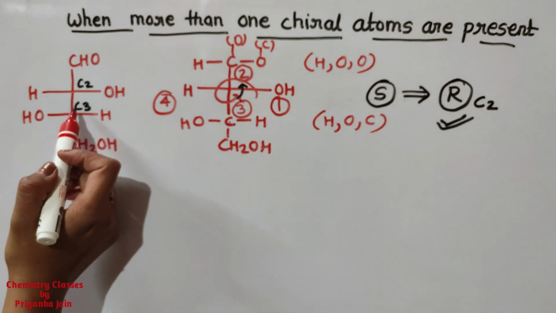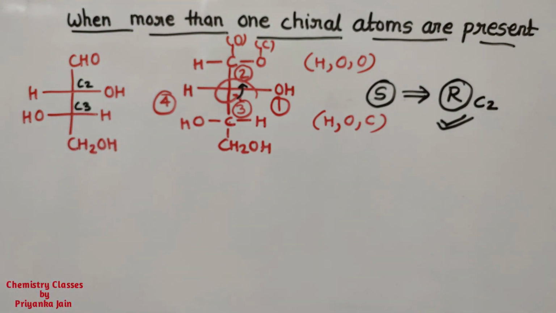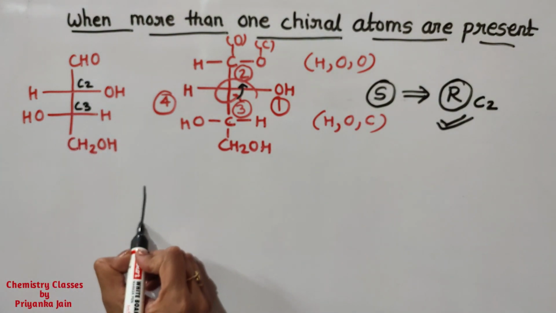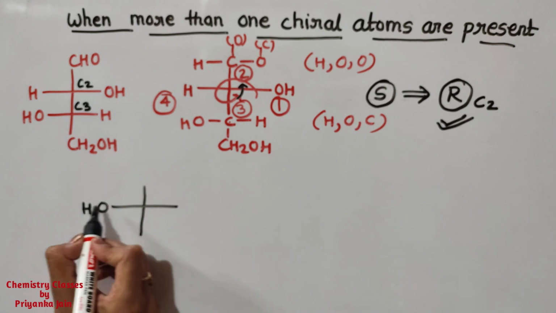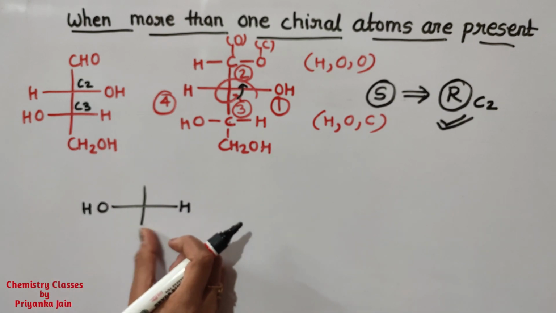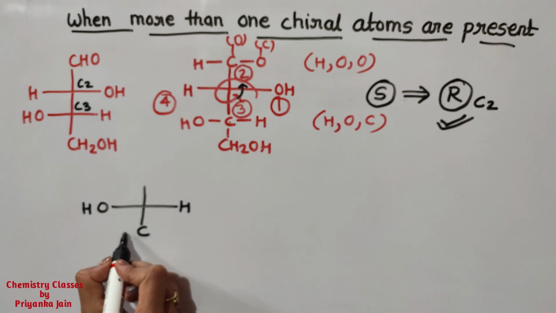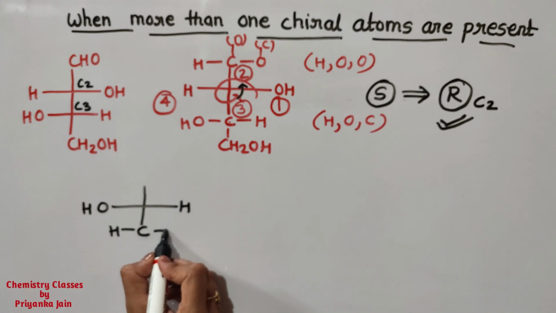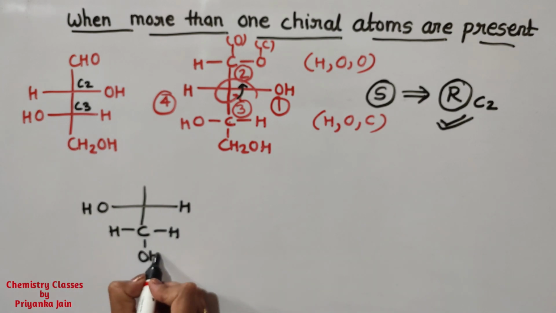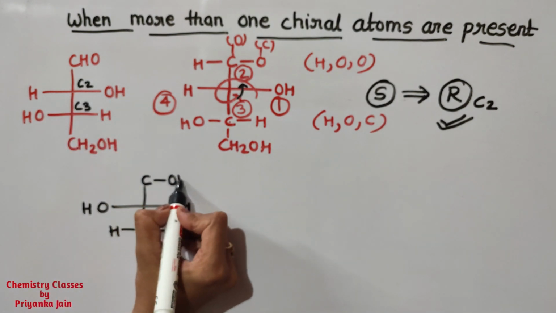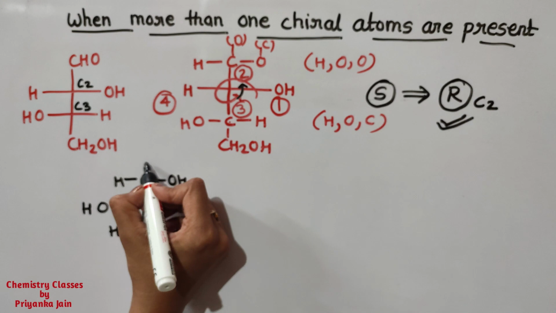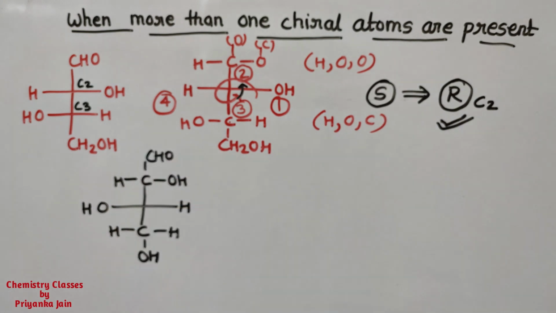Similarly we can see at the C3 carbon atom. So if we are looking at the C3 carbon atom, see here, to this C3 carbon atom, this is the OH group, this is hydrogen and this one is the carbon, to which one hydrogen, another hydrogen and one OH group is attached. Okay, and see here, to this carbon atom, one OH, one hydrogen and one CHO group are attached, right?